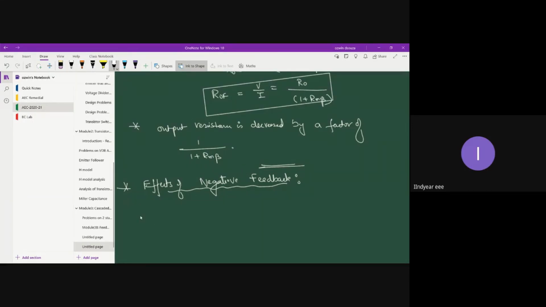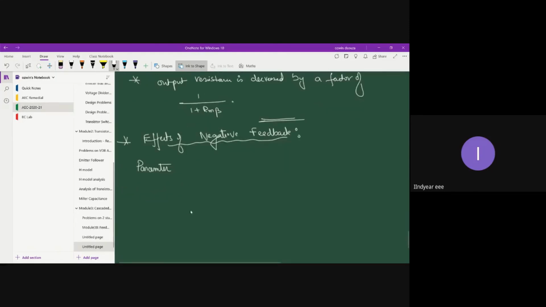So what I will do is make a small table. First let me write the parameter, and then let me write the effects. So the first parameter is gain.